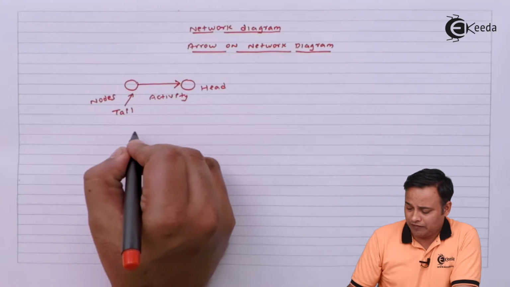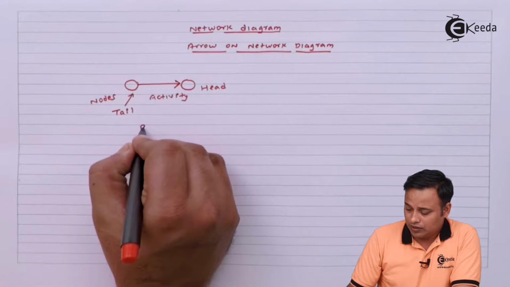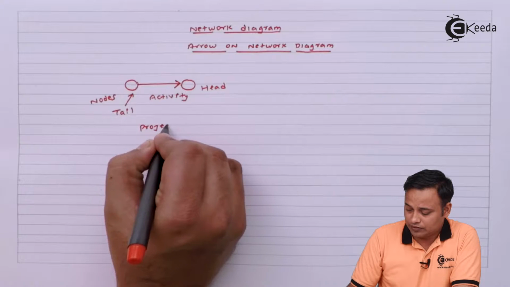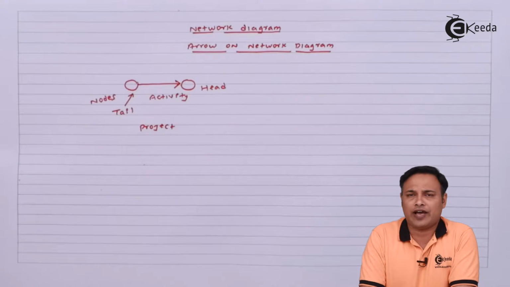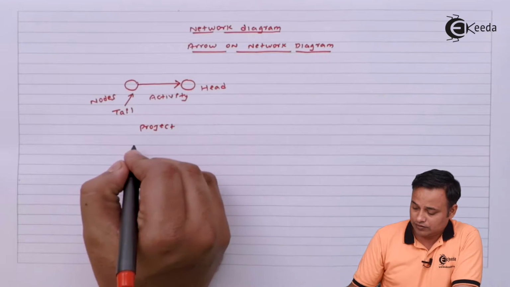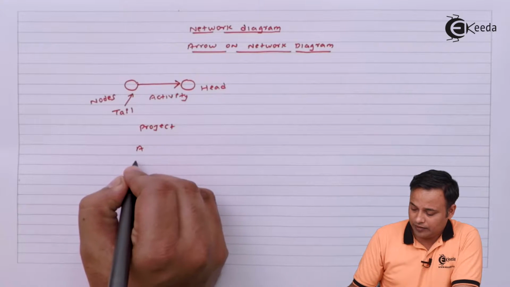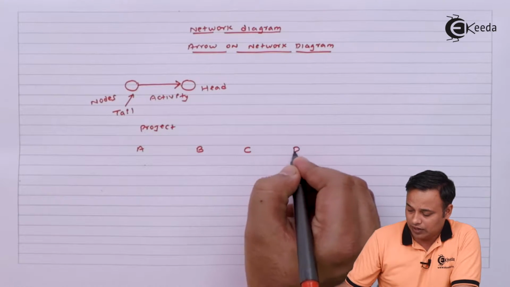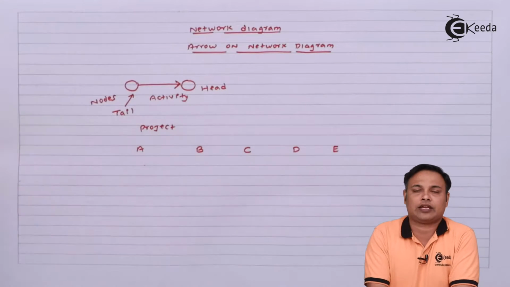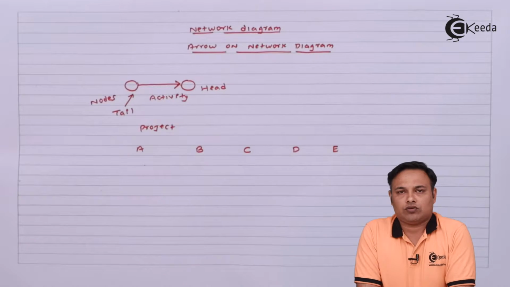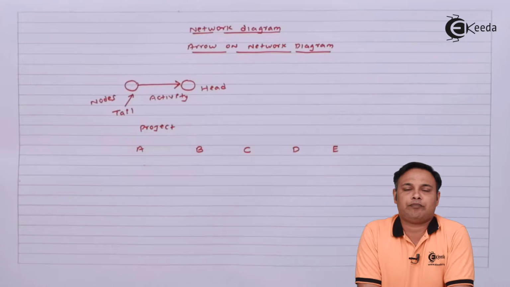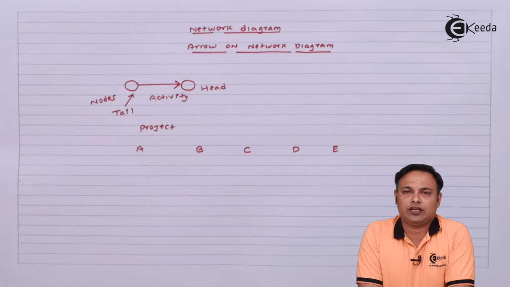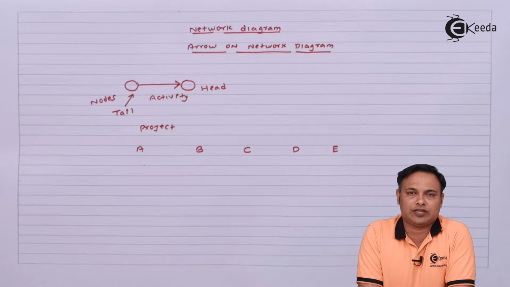Now let us say we have a project with 5 activities: activity A, activity B, activity C, activity D, and activity E. These activities A, B, C, D, and E are required to be completed to complete the project.